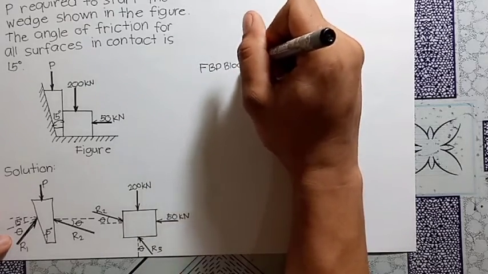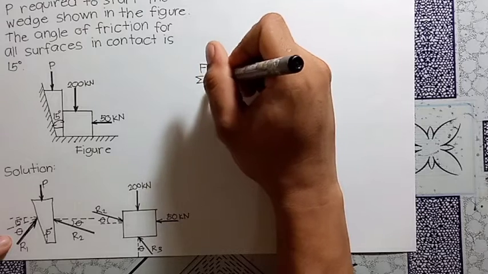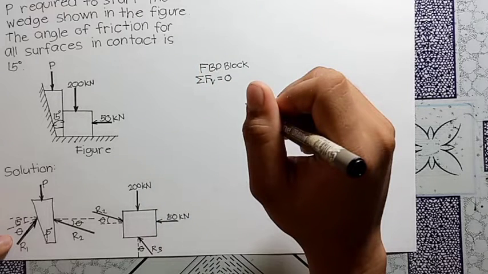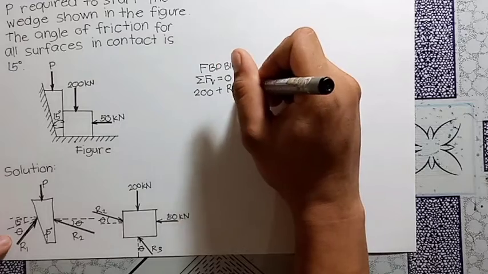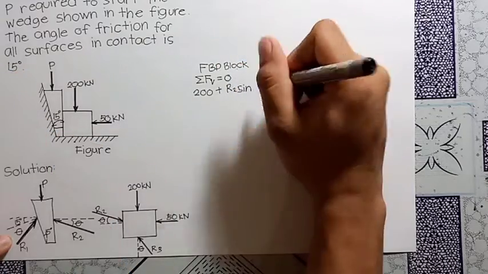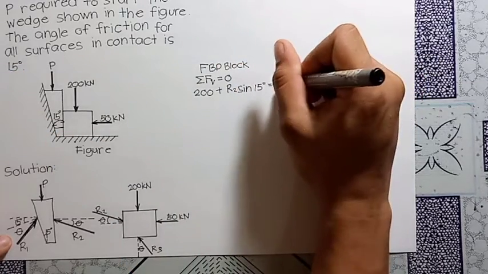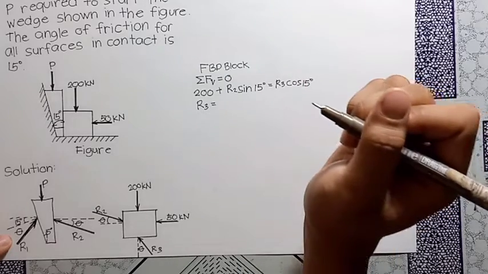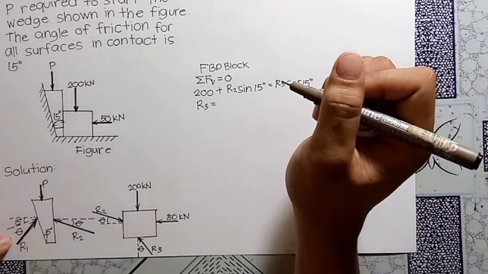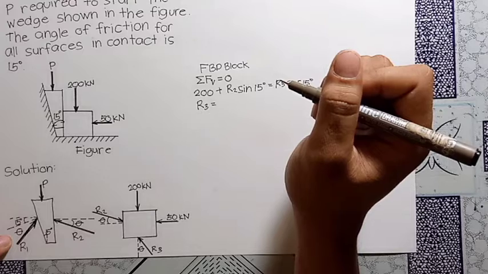We will use the equations of equilibrium: the sum of vertical forces equals 0 and the sum of horizontal forces equals 0. In the vertical forces, we can see that the 200 kilonewton plus R2 sine of theta is equal to R3 cosine of theta. Then for the computation, I will show you the calculation in the calculator.